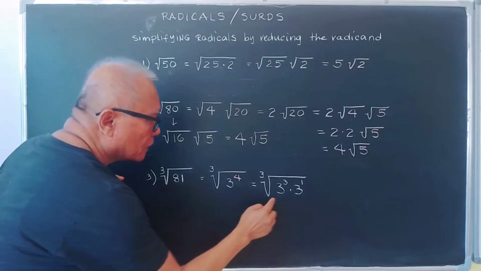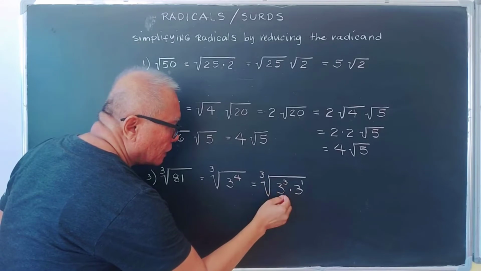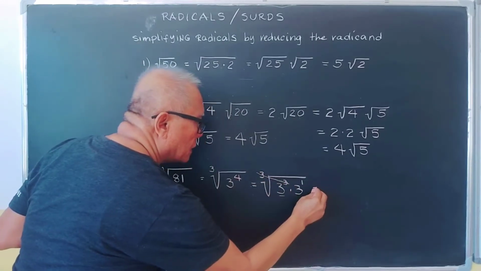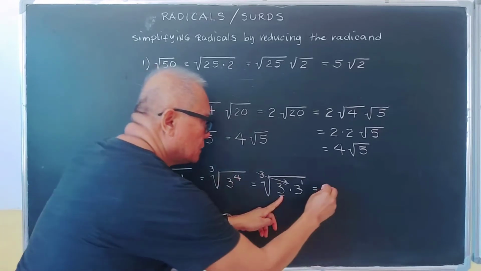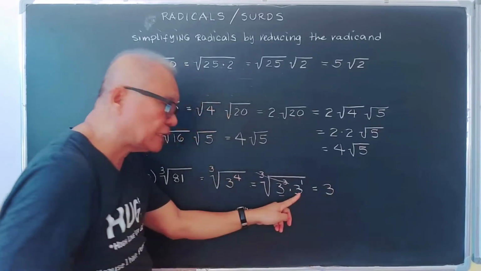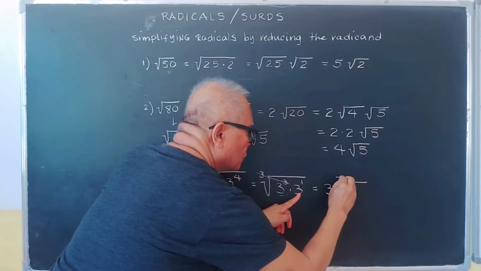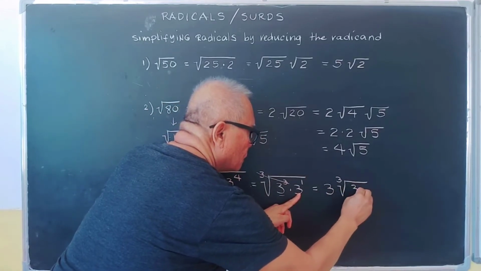Now with our concept, if we have the cube root and the exponent 3, we cancel this one, and we have 3, but the other one is still in the cube root. So we have 3 times the cube root of 3.